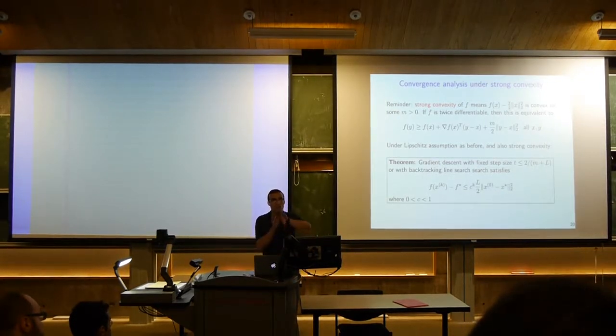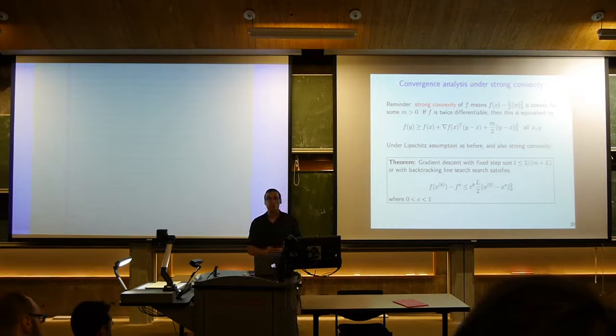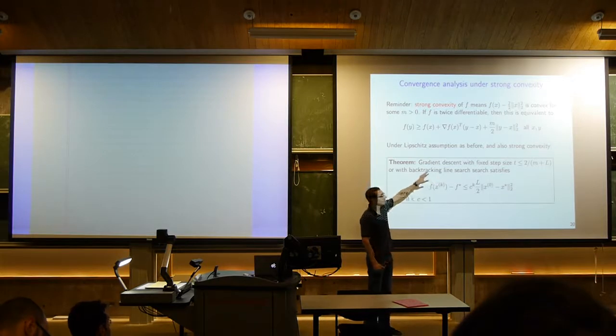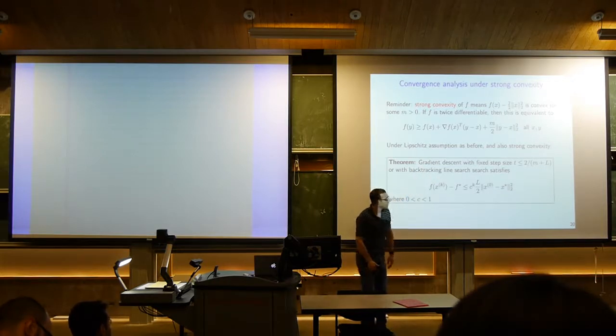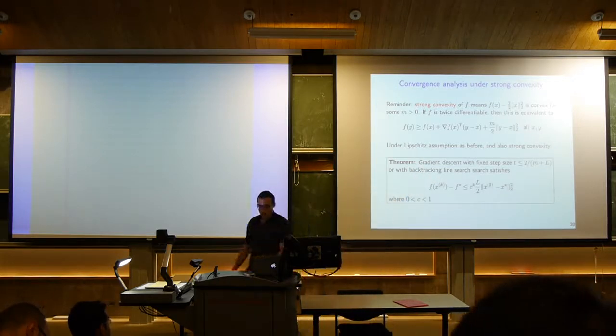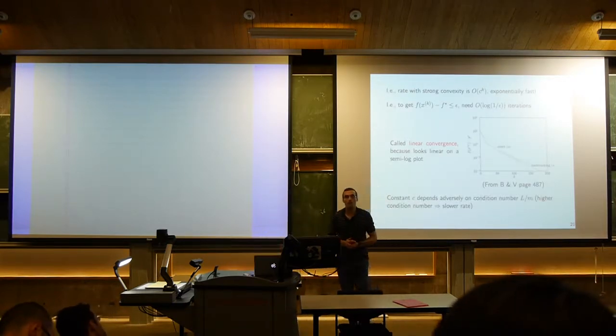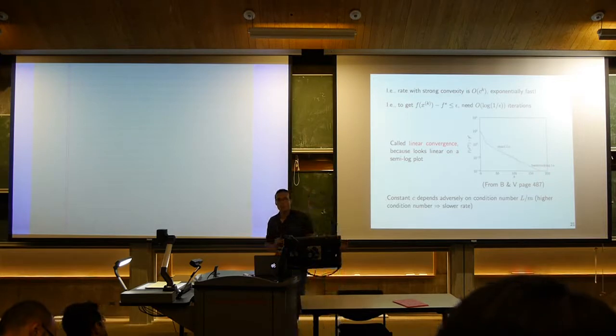So we can, in a sense, control how curved the function is around its minimum. If our function is lower bounded by a quadratic everywhere, then around its minimum it's going to be quite curved. These two conditions together give us a much stronger convergence rate than before. The conclusion is that under strong convexity, the convergence rate is on the order of log of 1 over epsilon iterations, much, much faster than order 1 over epsilon.